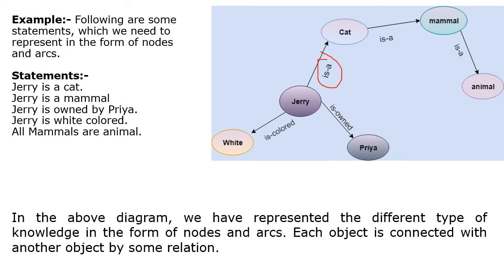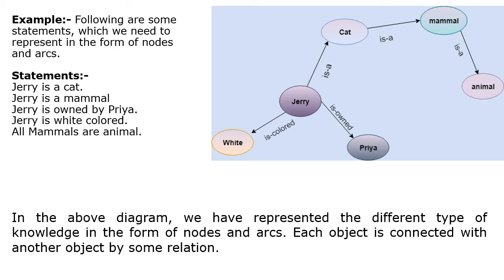and Jerry is a mammal, because Jerry is a cat and a cat is a mammal. So you can say that Jerry is a mammal. Jerry is owned by Priya. So this is the kind of has relationship. Here Priya is the owner of Jerry, and Jerry is white in color. This is a type of relationship. So Jerry contains the white color.